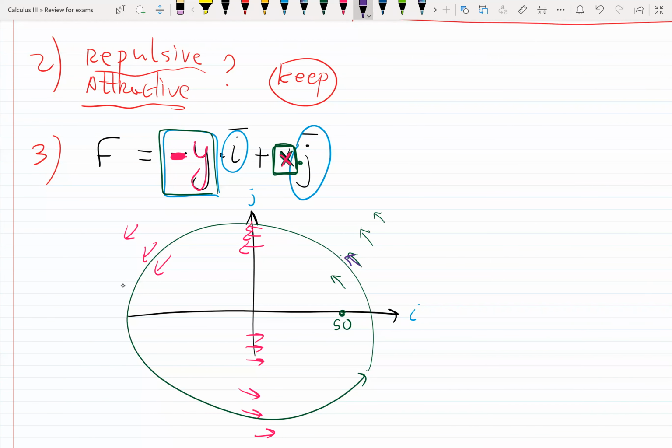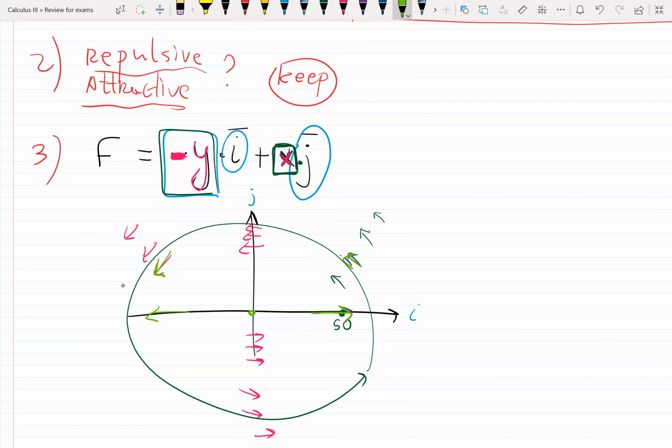To the left while we're going to the right. This is what I want to explain. The more I go to the right, the more it points up. The more I go to the left, the more it points down. At 0, it doesn't point up and down, so it's perpendicular. And completely the opposite way with the I component.